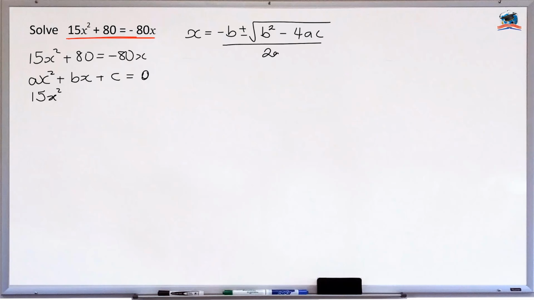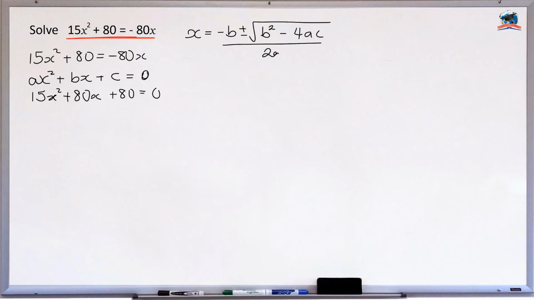When it comes over the equal sign, the minus will change to a plus. So we will end up having a positive 80x, and we still have our plus 80. Since we have moved the minus 80x to the left side of the equal sign, we ended up having a 0.